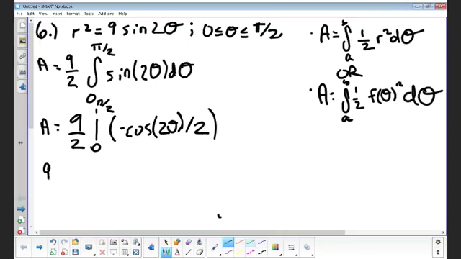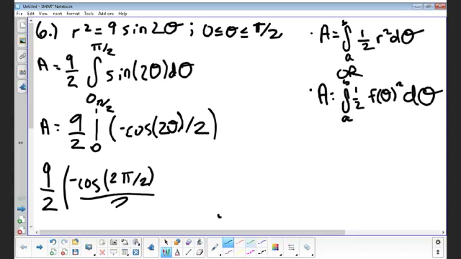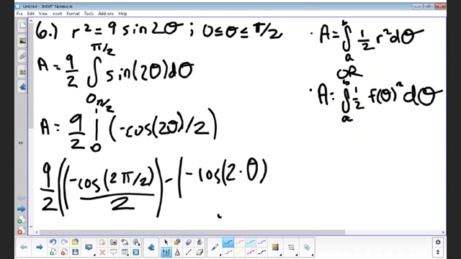We'll have 9 over 2 times the negative cosine of 2 pi over 2 here, minus negative cosine of 2 times 0 over 2.